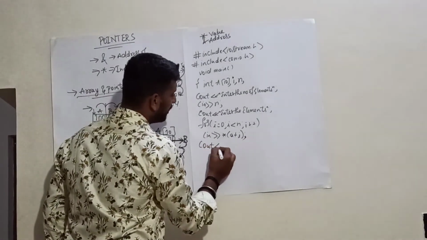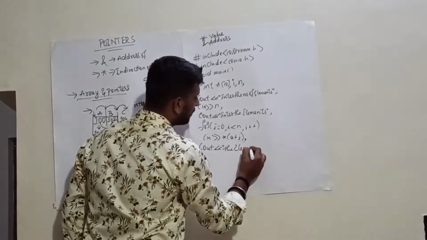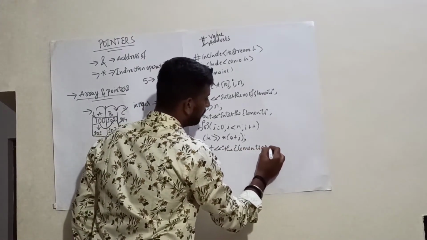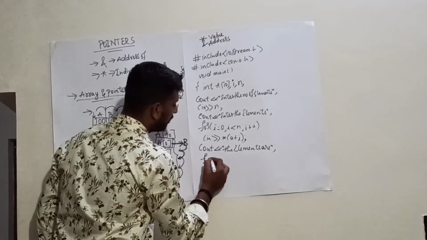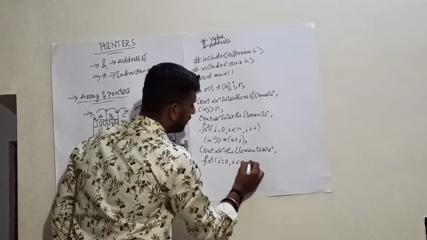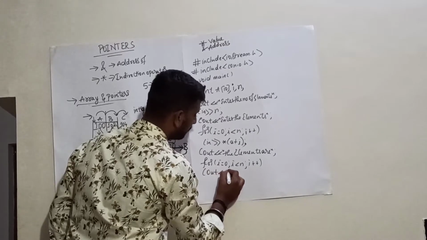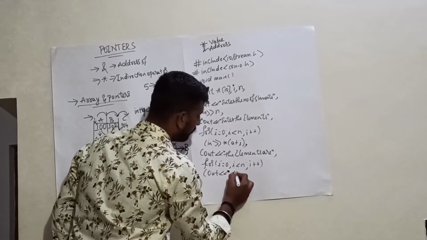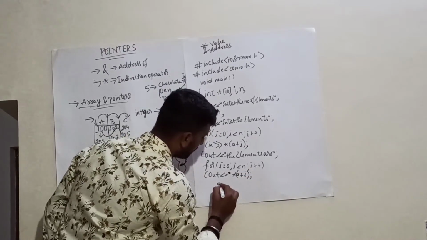After that, I am displaying the values. Cout the elements are, for i is equal to 0, i less than n, i plus plus, cout star of a plus i, and then getch.